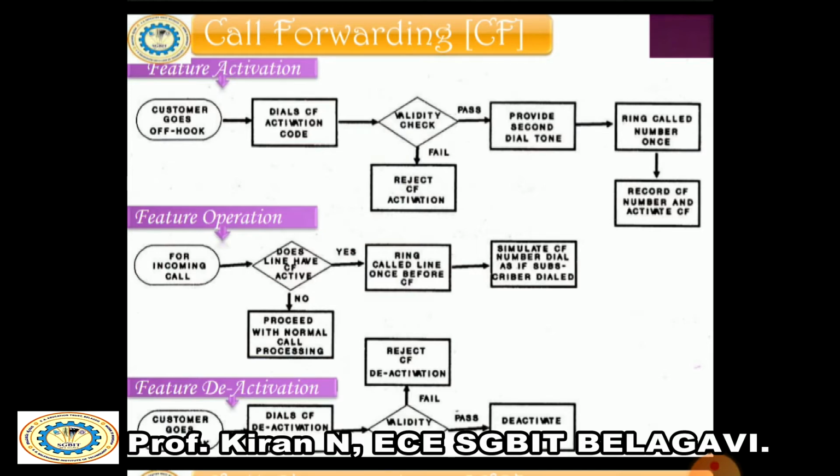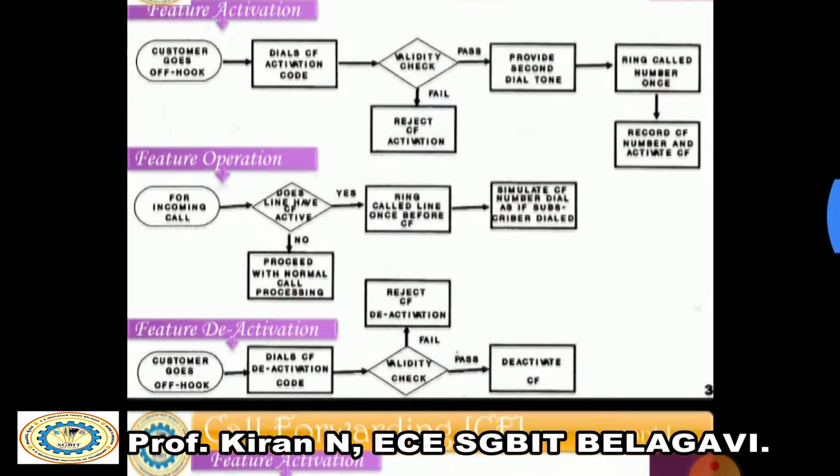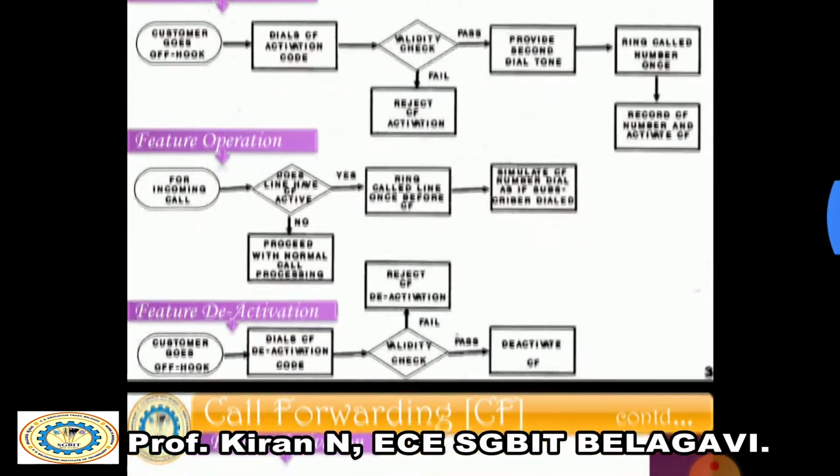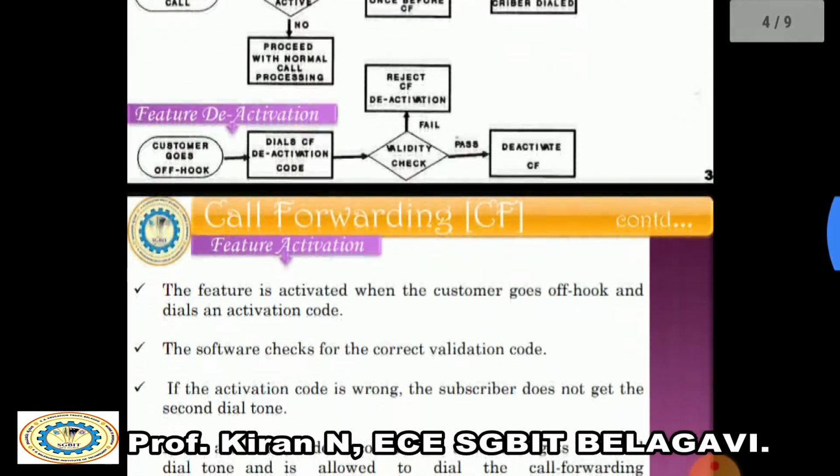This is the flow diagram of a feature operation for call forwarding. When a subscriber receives a call on the line that has call forwarding feature activated, the system rings the called subscriber once and then forwards the call to the number stored during feature activation.